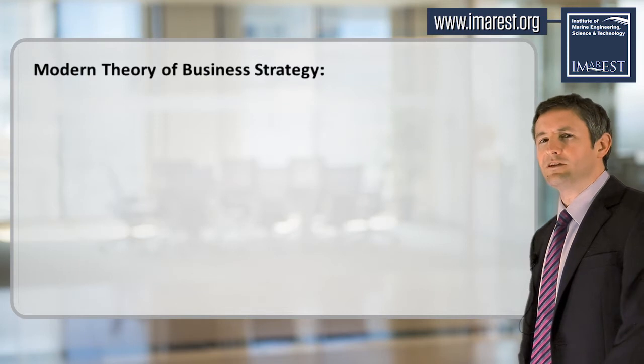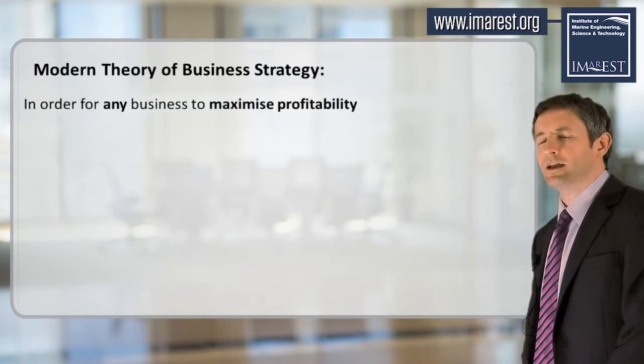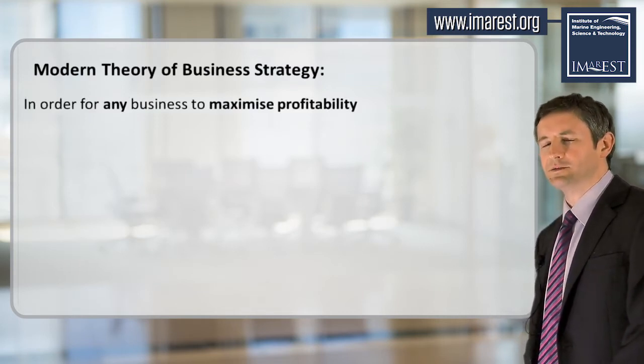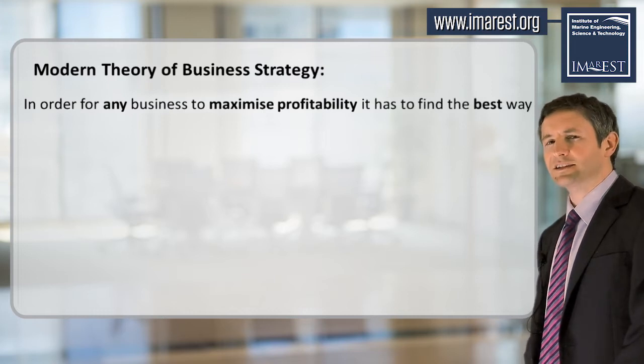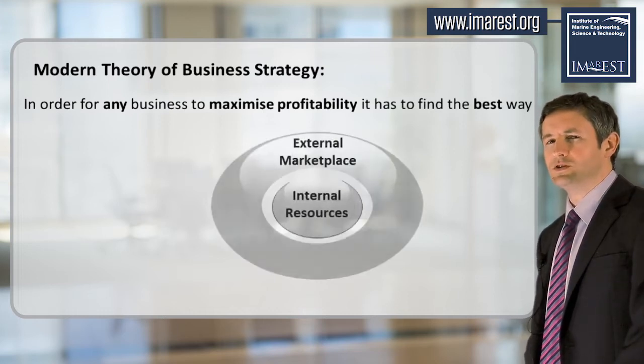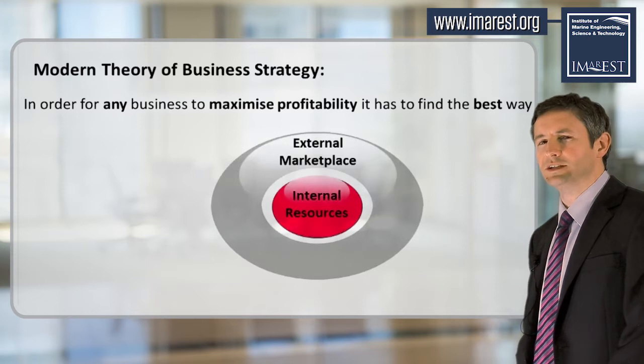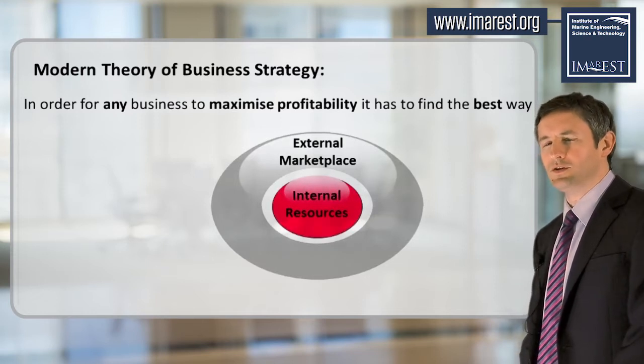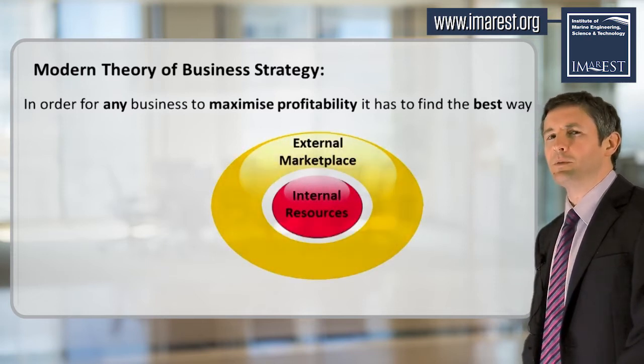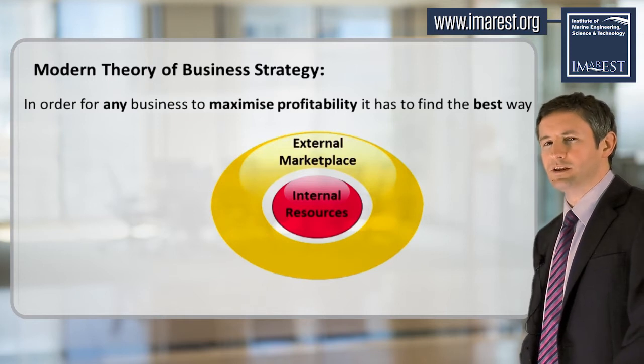So the modern theory of business strategy states that in order for any business to maximize profitability, it has to find the best way in which it can use its own internal resources in accordance with the opportunities that are presented to it by the external marketplace in which it operates.